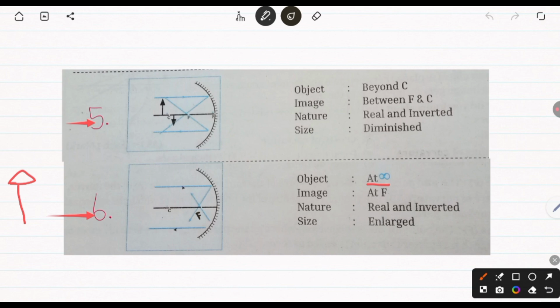The rays are coming parallel to the principal axis and going by passing through the focus. The second ray is also coming parallel to the principal axis and going by passing through the focus. So both rays meet at focus, so our image will be formed here and it will be enlarged.